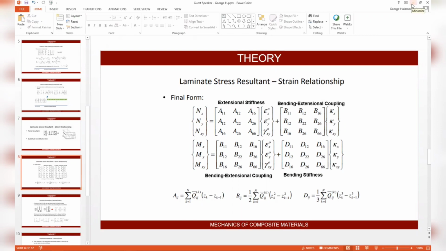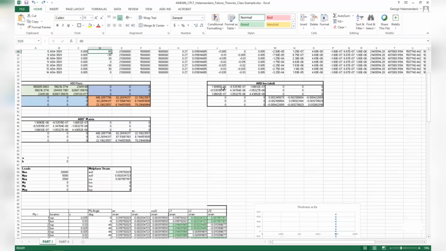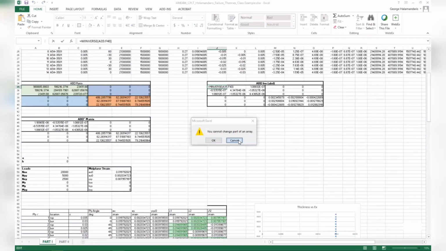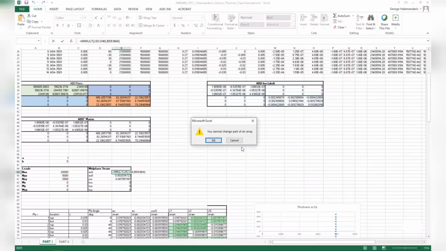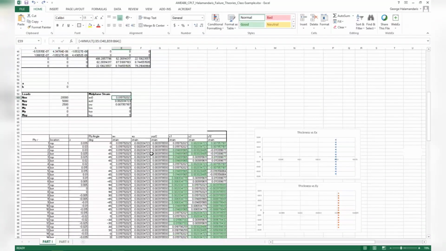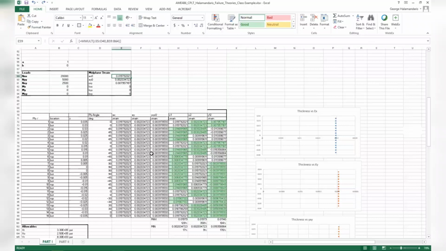That includes taking an inverse of the entire ABD matrix, which is referred to as the ABD inverse matrix, and multiplying that by your N and M matrix to develop midplane strains.